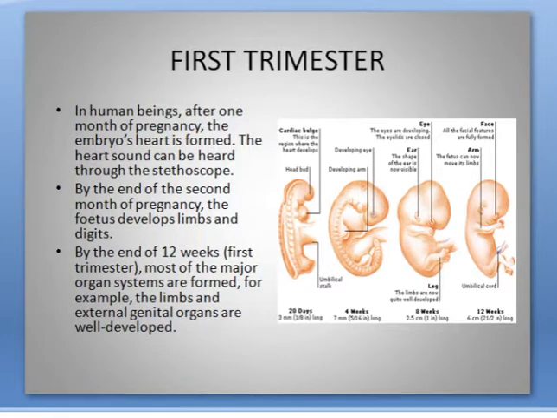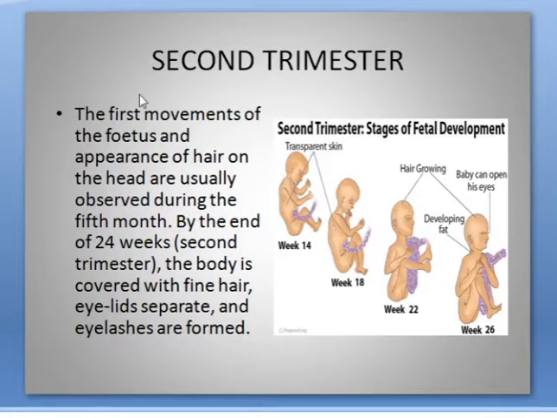Then the second trimester: the first movement of the fetus and the appearance of hair on the head can be observed during the 5th month. So you can see here, the skin is transparent and hair is growing.